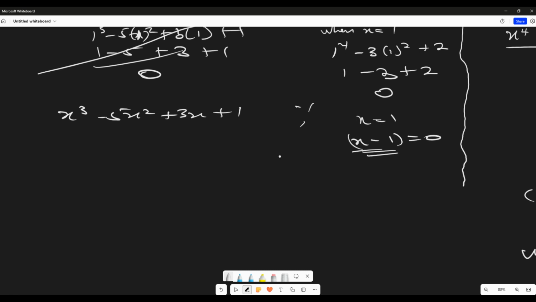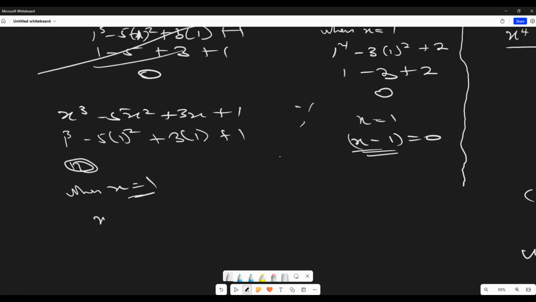The one that will give us 0, we need a factor. So let me test positive 1 first. So 1 cubed minus 5 times 1 squared plus 3 times 1 plus 1. This will give us 1. Even we can see from the first test that it is 0. So let's not waste time. So when x is equal to 1, x equals 1 is a solution of this expression if it is stated in notation form.